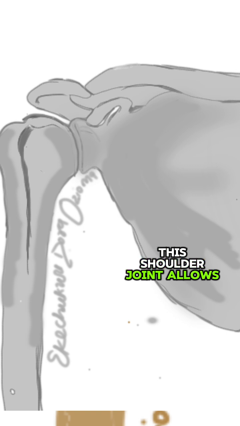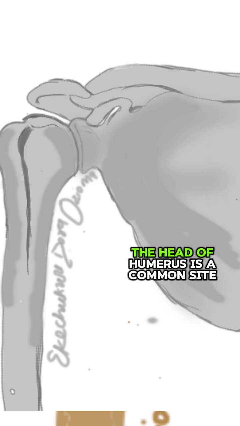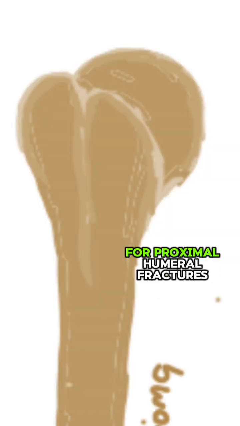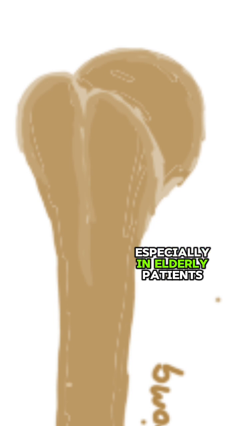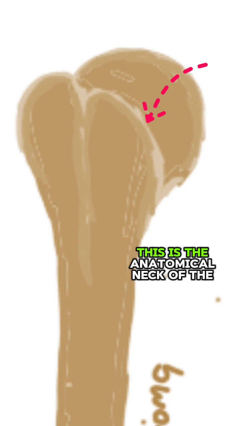This shoulder joint allows a wide range of movements. The head of humerus is a common site for proximal humeral fractures, especially in elderly patients with osteoporosis.